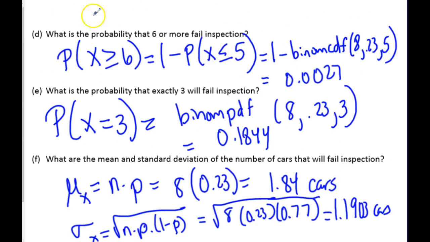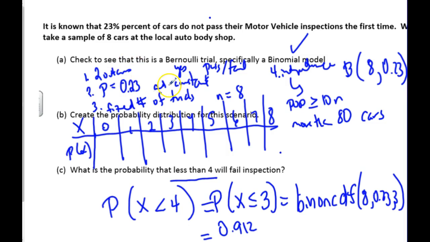Also, when it came to the conditions, it is important for you to remember each of those 4 conditions and state why or why it is not a Bernoulli trial, specifically a binomial model.